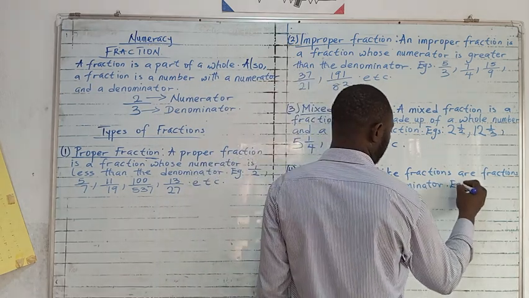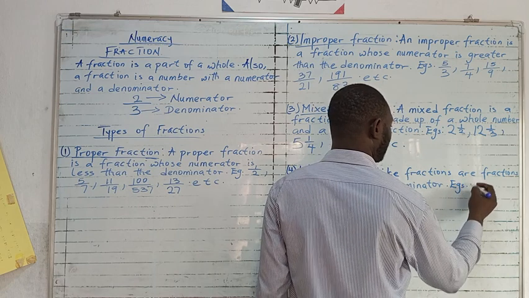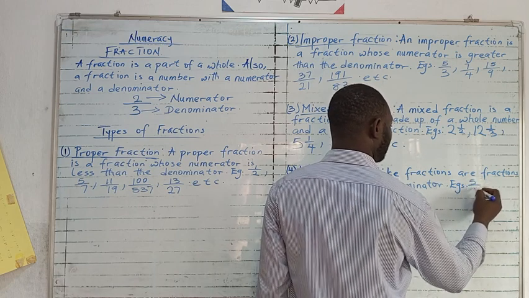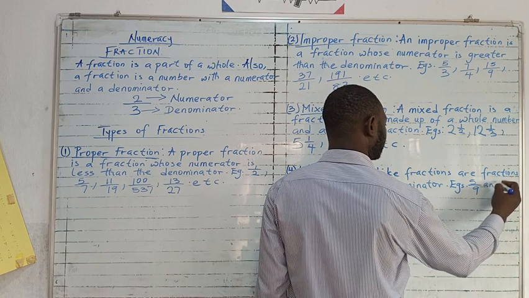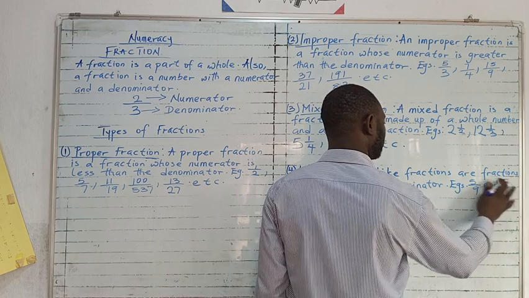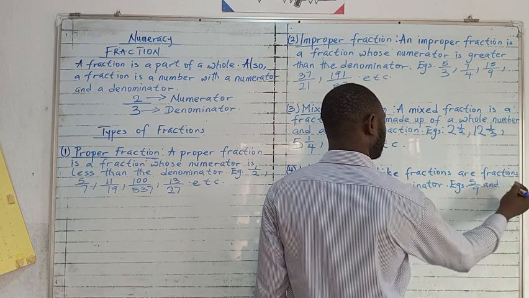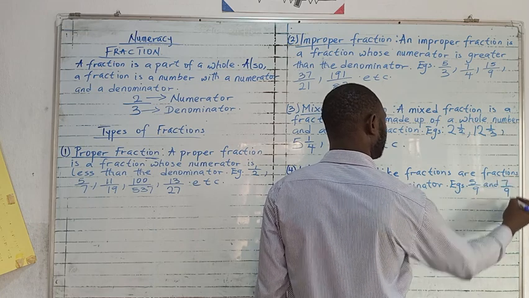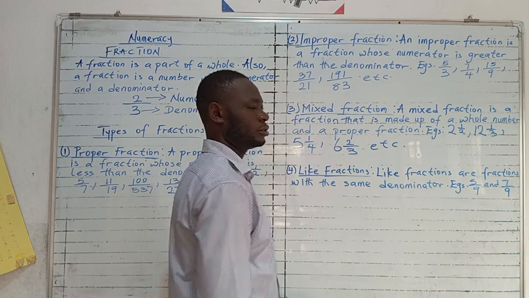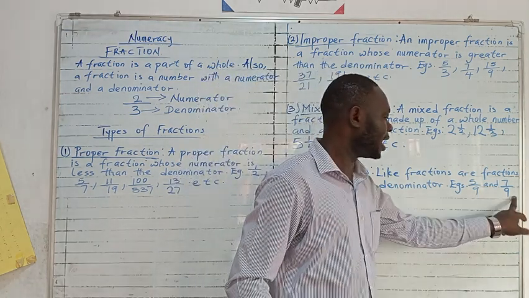Examples of like fractions are 5 over 9 and 7 over 9. They are like fractions because they have 9 as the denominator.